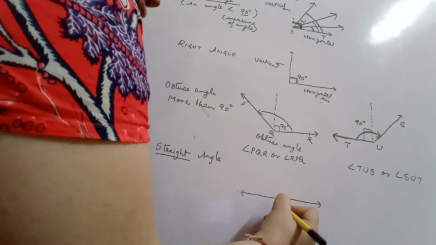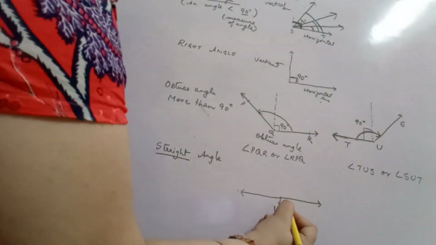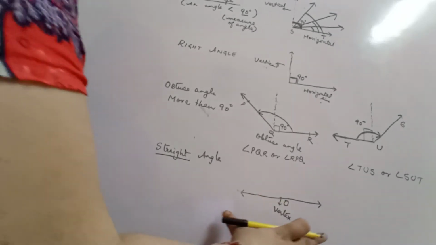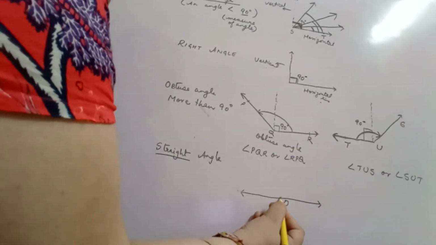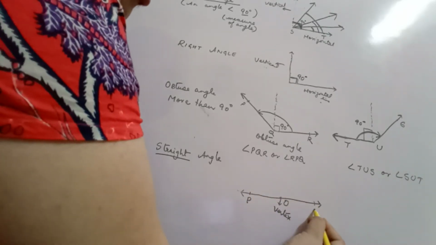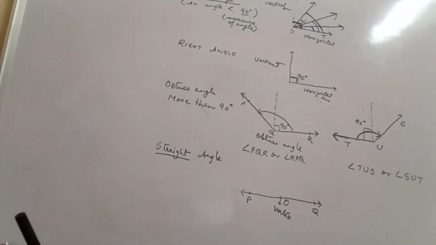This dot will show the vertex of the angle. So let us name this vertex O. Now you know that an angle is formed by two rays with one common vertex. What about the two rays here? I will name them OP and OQ. So OP is a ray, OQ is a ray.